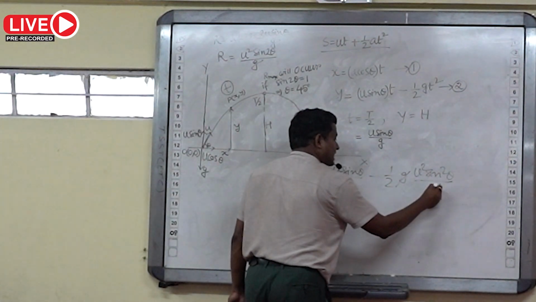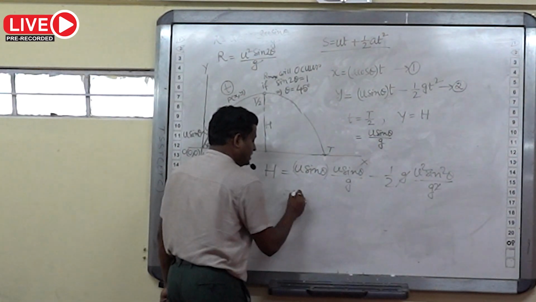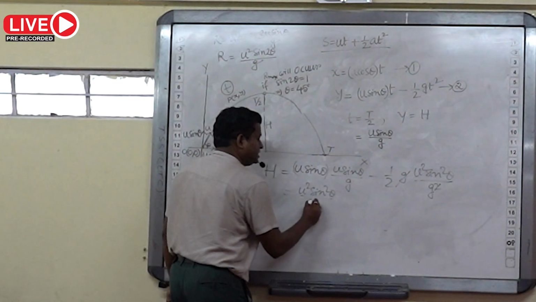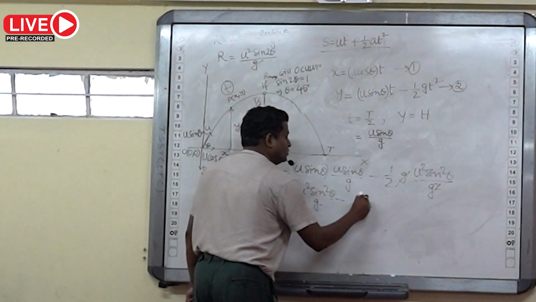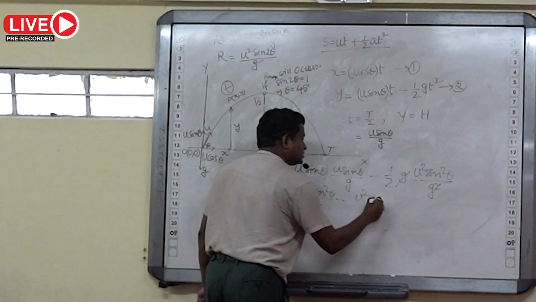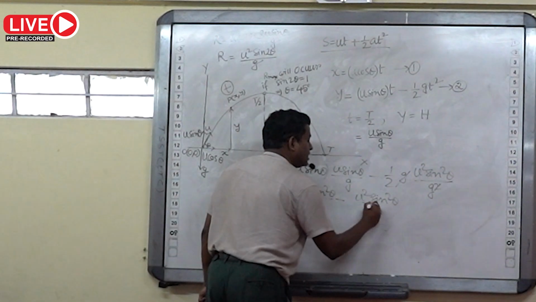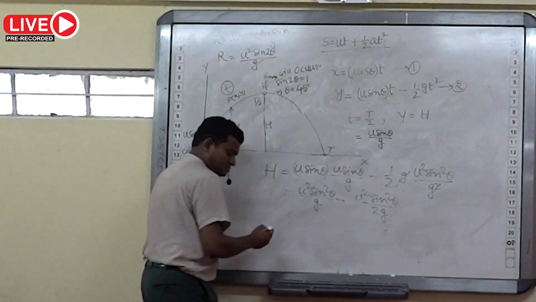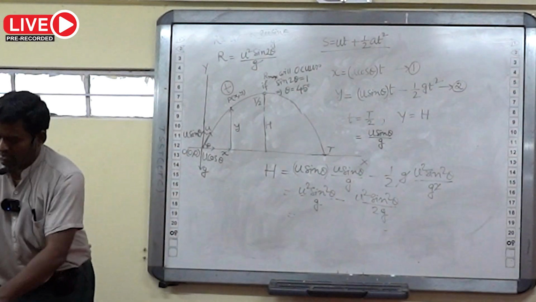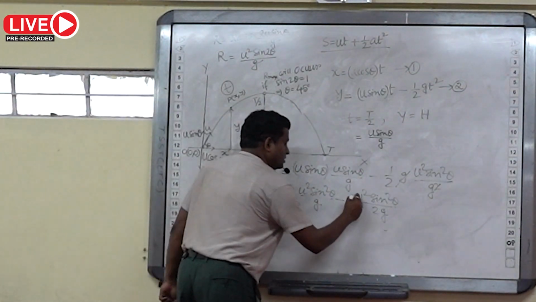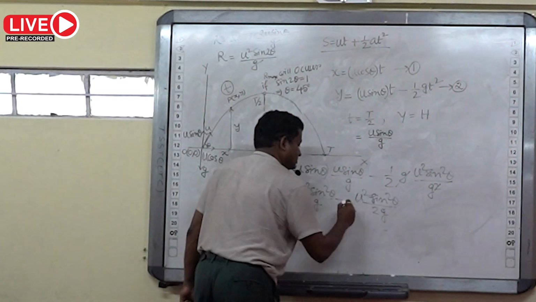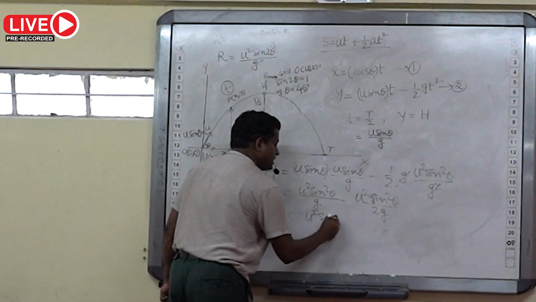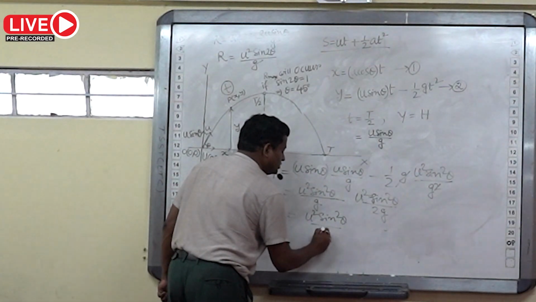Then one g will cancel, so you will get u square sin square theta by g minus u square sin square theta by 2g, and this will become u square sin square theta by 2g.